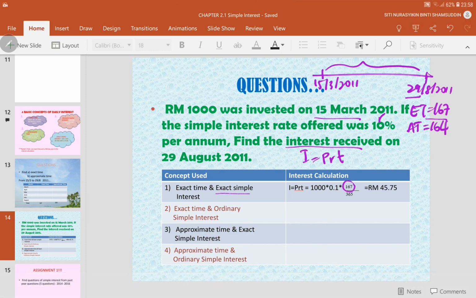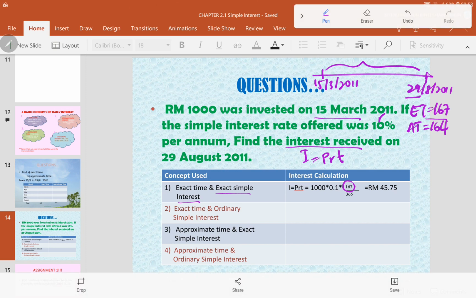And exact simple interest. Okay, ingat kan sebelum ni saya pernah mention T always in years, mesti dalam tahun. So that's why T ni, ini T kan. Okay, ini 1000 is P, your P 1000, R is 0.1, and T is term ataupun period of investment, tapi mesti dalam tahun.